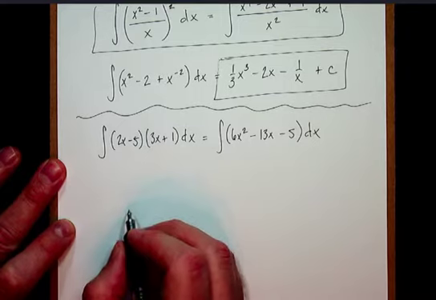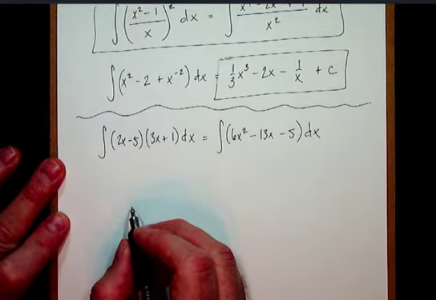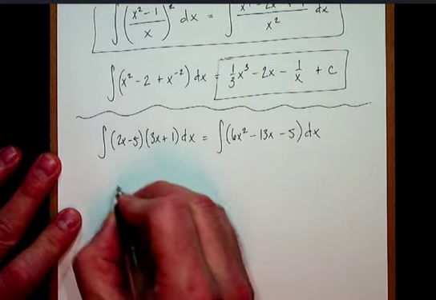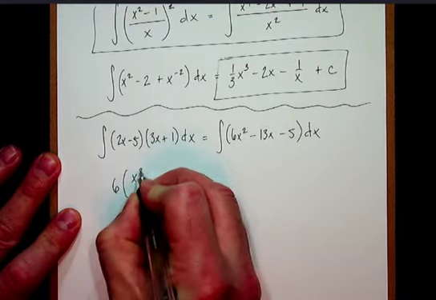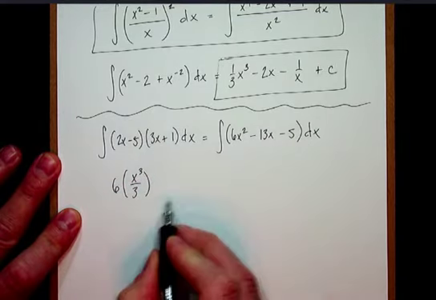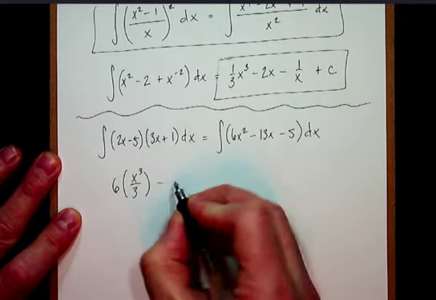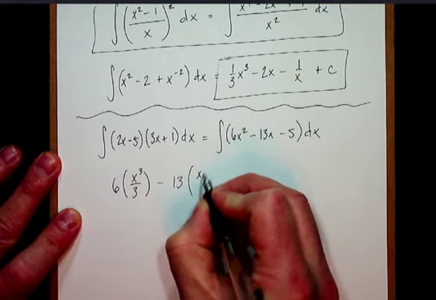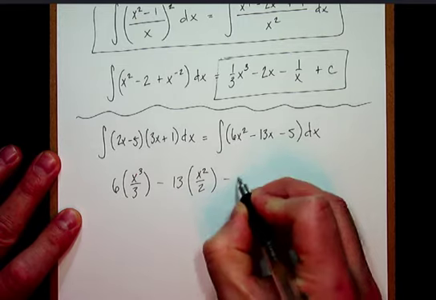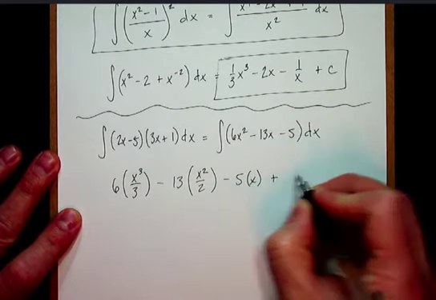Now, x squared, when you integrate it, becomes x cubed over 3. And I'm going to go ahead and continue to do it like this and then simplify. But if you're to the point where you don't have to do that, that is fantastic. Go ahead and skip that step. I'm proud of you. Rah, rah, rah.